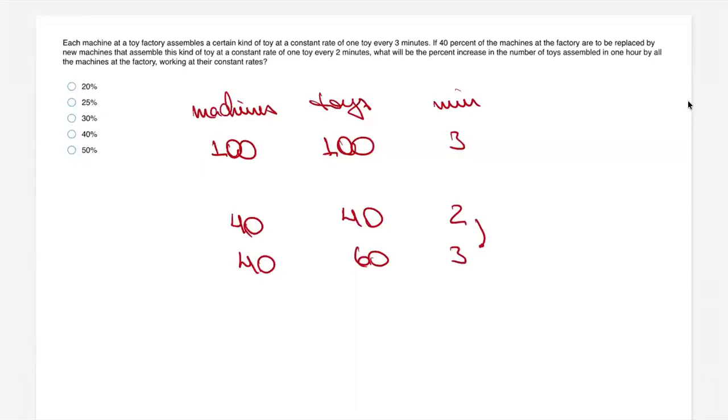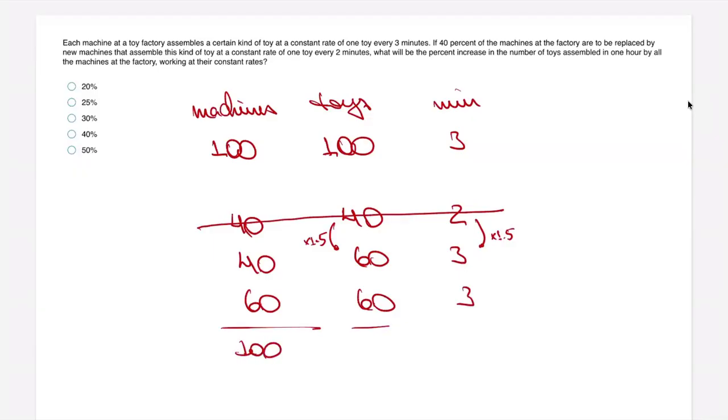And the other, so I forgot this. I'm not using this anymore because I'm adjusting everything to 3 minutes to compare. The old machines, 60 of them, continue to do 60 toys in 3 minutes. So now the same 100 machines do 120 toys in 3 minutes.